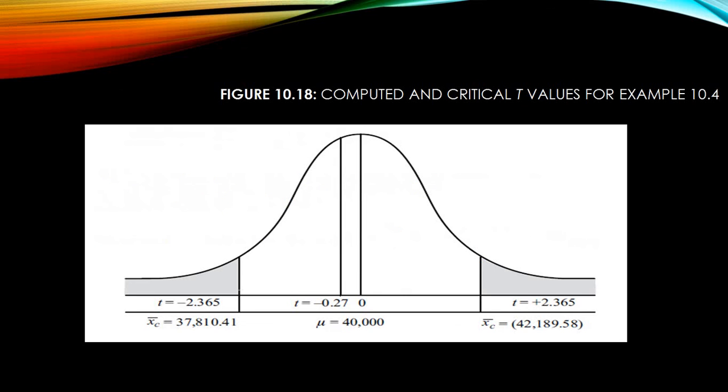You can see this entire white region is the acceptance region, and this gray region is the rejection region. My calculated t value, 0.27, lies within the acceptance region. So once it is in the acceptance region, I accept my null hypothesis, right?